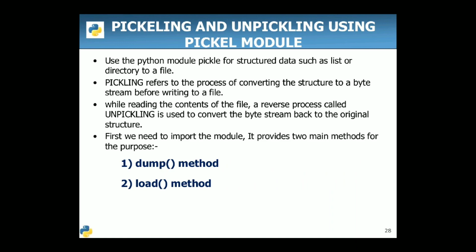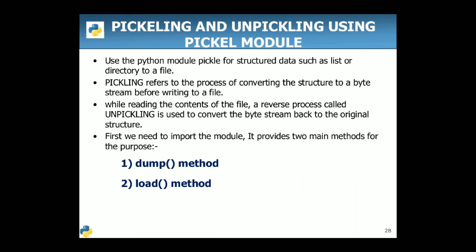So this process is known as pickling. While reading the contents of the file, a reverse process called unpickling is used to convert the byte stream back to the original structure. That means we are converting the byte stream back into the original form, that is the list structure.